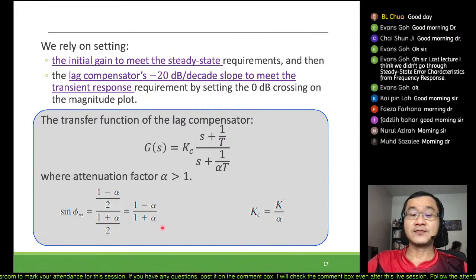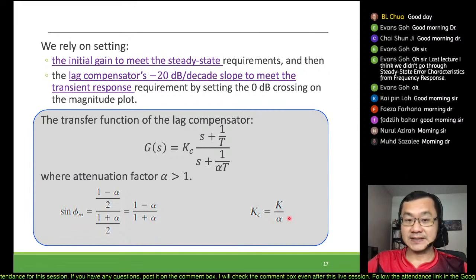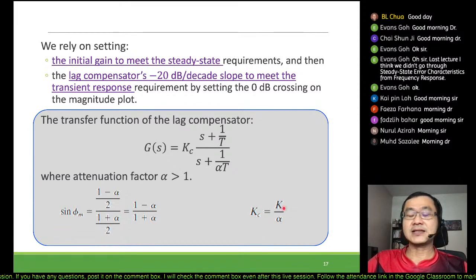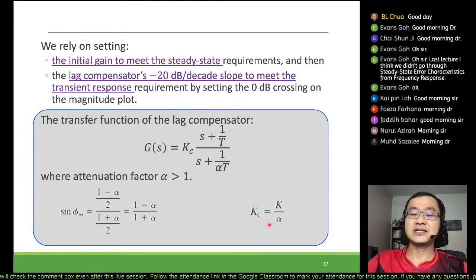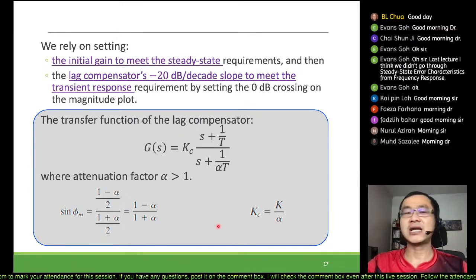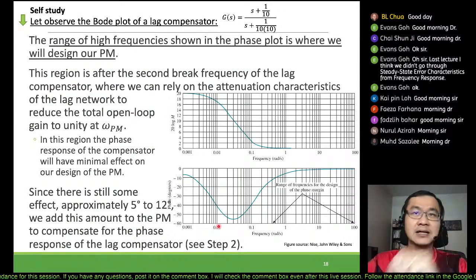Then after you get this attenuation factor, you will be able to find this Kc. This Kc value, the gain of your compensator, would be the K value of your original divided by the attenuation factor. So you just keep this in check so that you use it later on.